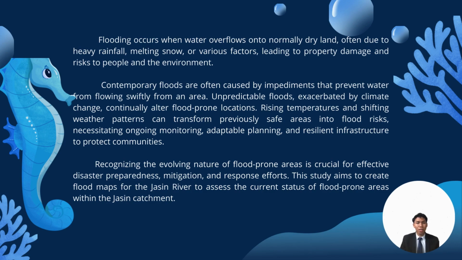As flooding wreaks havoc through the force of rushing water and debris, our thesis focuses on crafting a comprehensive flood map for the Jasin River in Melaka, Malaysia. By intricately modeling the river, our objective is to minimize flood risk and devise effective solutions through the creation of a post-flood map.